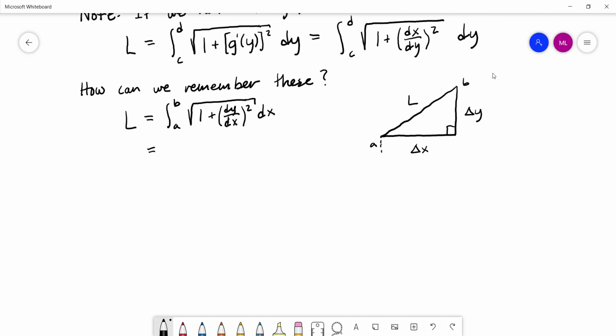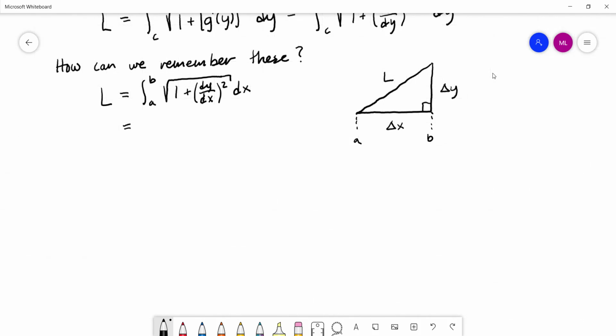So let me maybe do it this way. Again, I'm kind of cheating here just a little bit, but this will hopefully make it clear how this all fits together. It's all the Pythagorean theorem. We clearly have that L should be equal to the square root of delta x squared plus delta y squared.